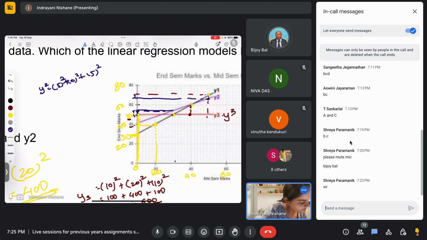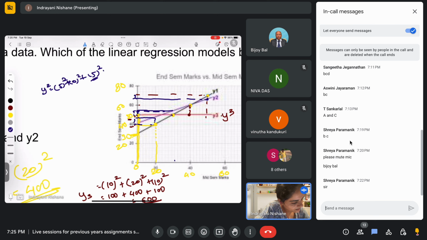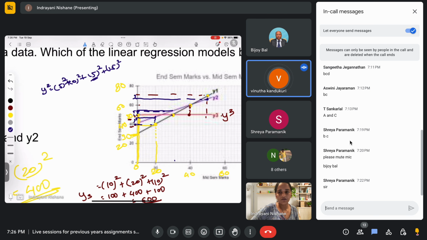Let's take it as 5, we'll just underline it and we'll come back to it again. Now here it seems around 15, this difference.